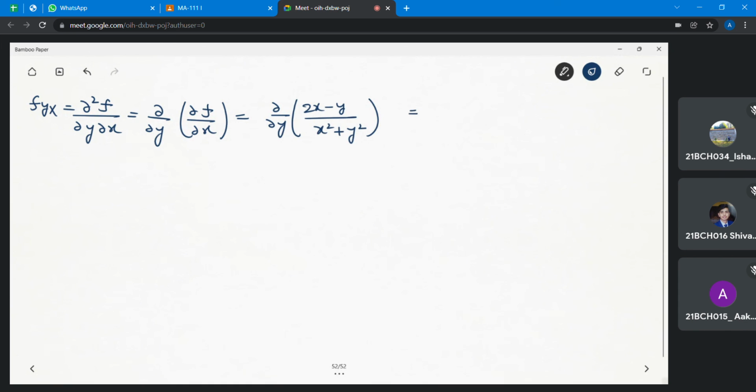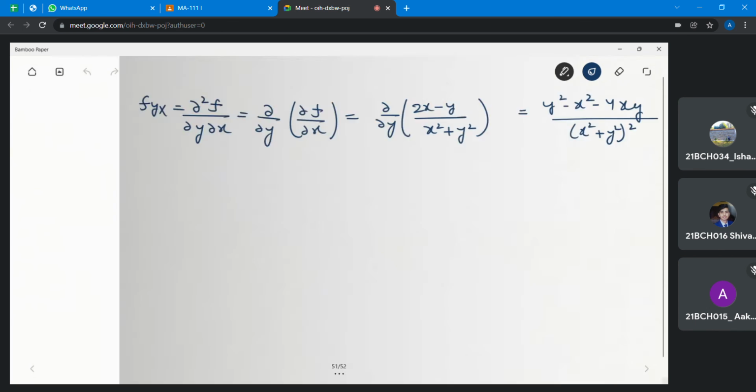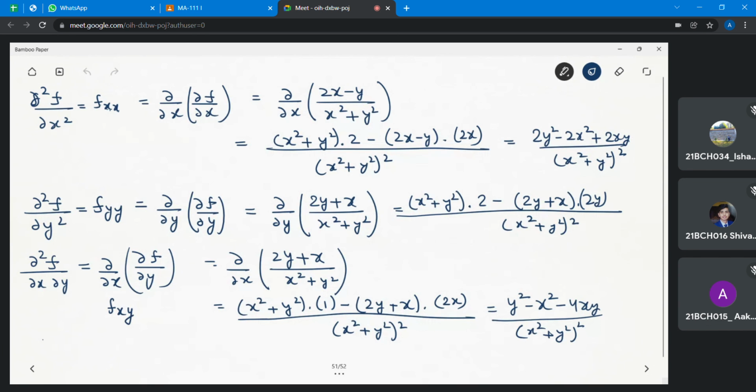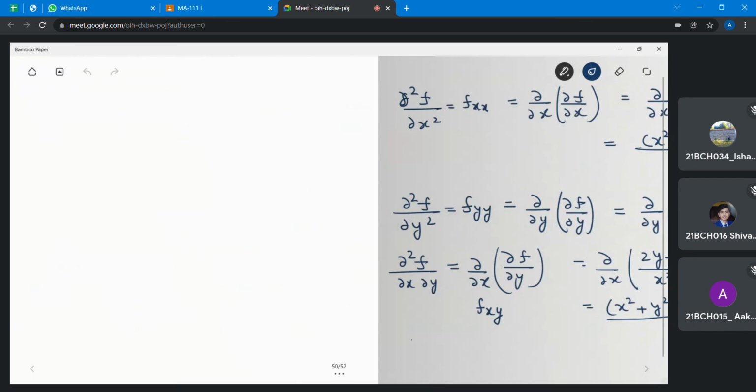This is also the same as what you evaluated for f of xy: y square minus x square minus 4xy upon (x square plus y square) whole square. So these represent all the second order partial derivatives of any function.